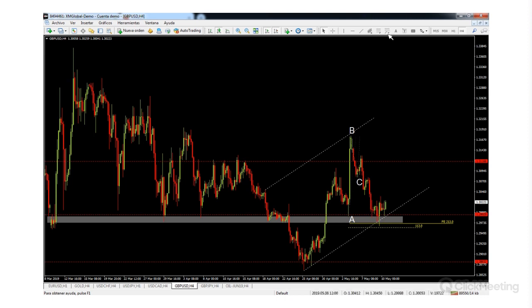If we move higher, of course we are going to be encountering some type of resistance right here. And the reason is because this is a previous area of resistance.